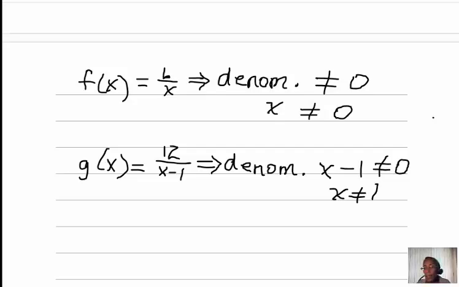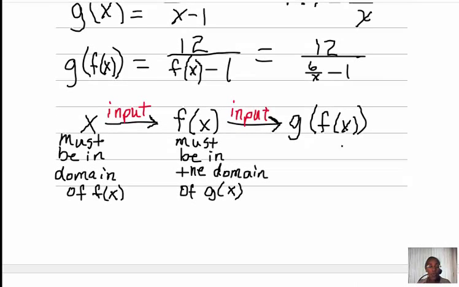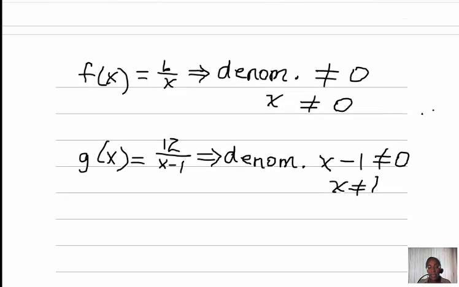Now let's look back at what we said on the previous page. We said that x has to be in the domain of f of x, and then my f of x must be in the domain of g of x. So x can't be 0 for f, and x can't be 1 if g is going to be defined.